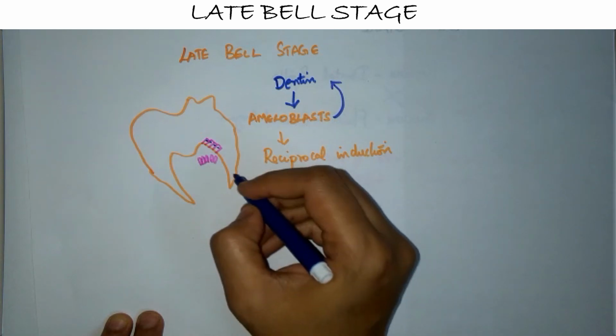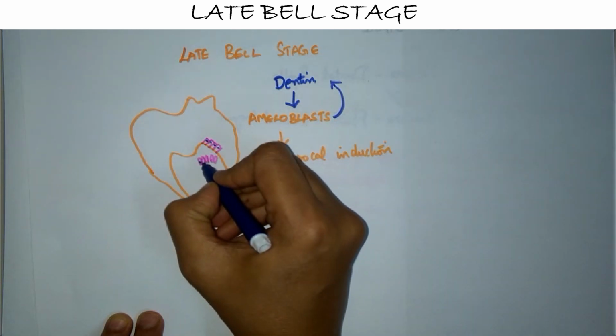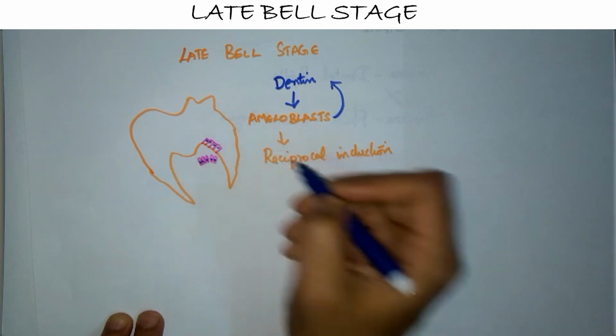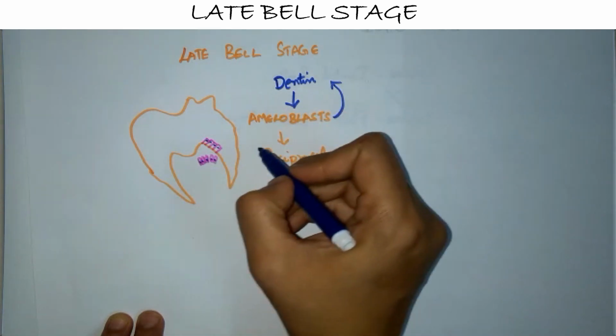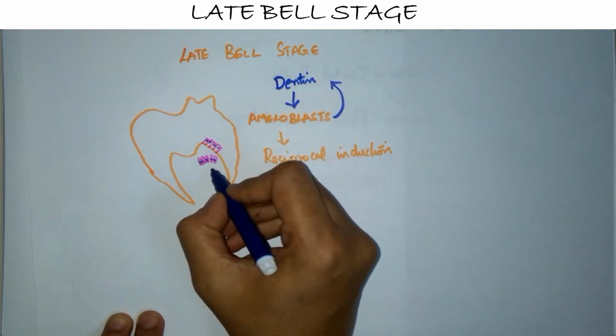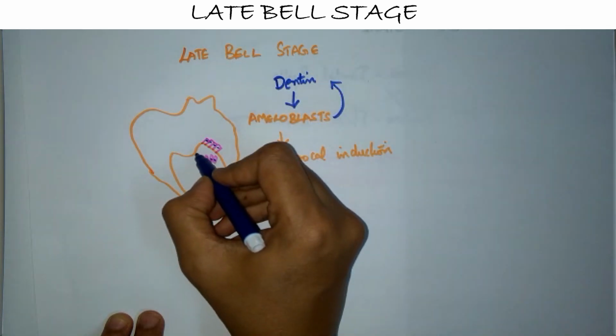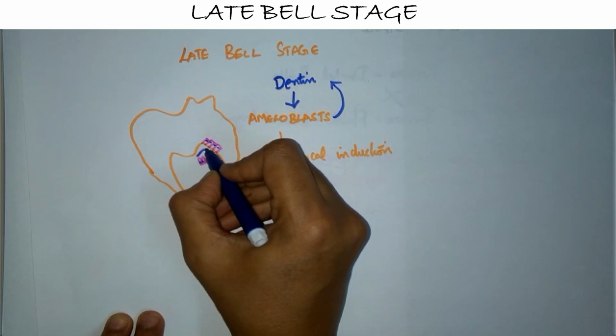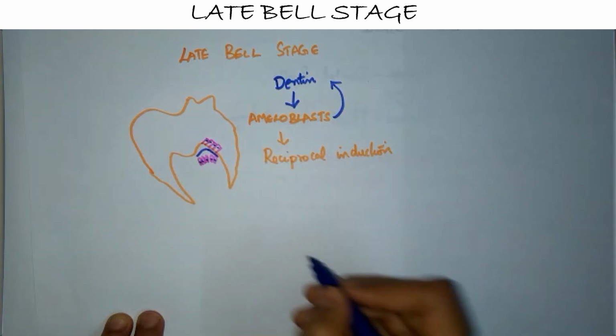So the cells of the inner enamel epithelium will send growth signals to the cells of the dental papilla, and they will differentiate into odontoblasts, and these odontoblasts in turn will produce the first layer of the dentin, which is called the predentin.